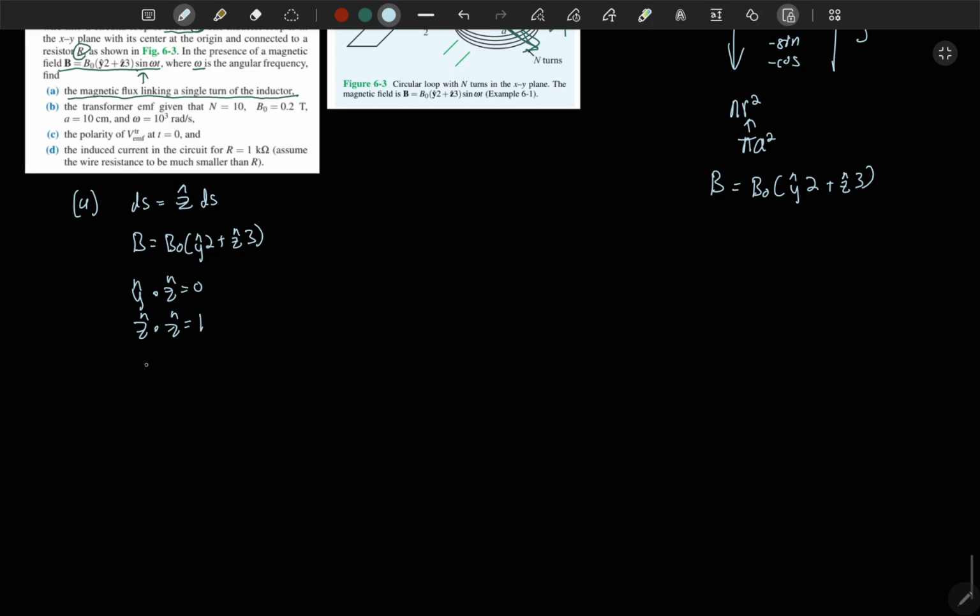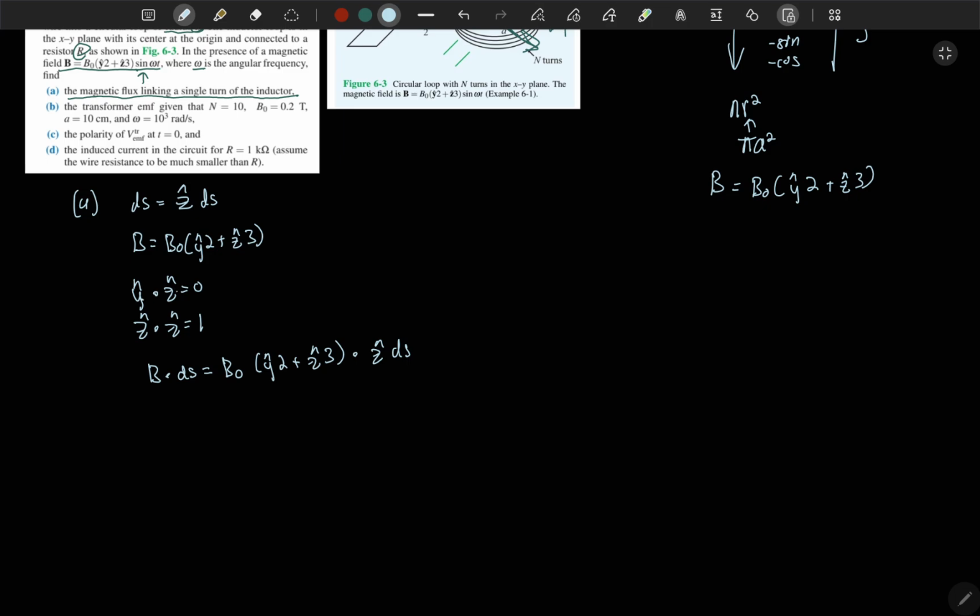In this case, we are going to do B dot ds. So our B is B naught y2 plus z3, dotted with z ds.